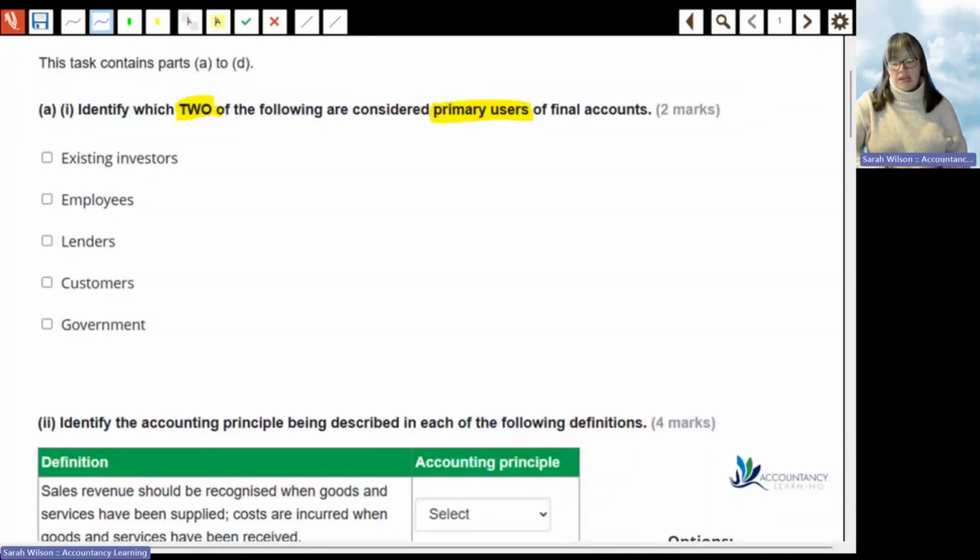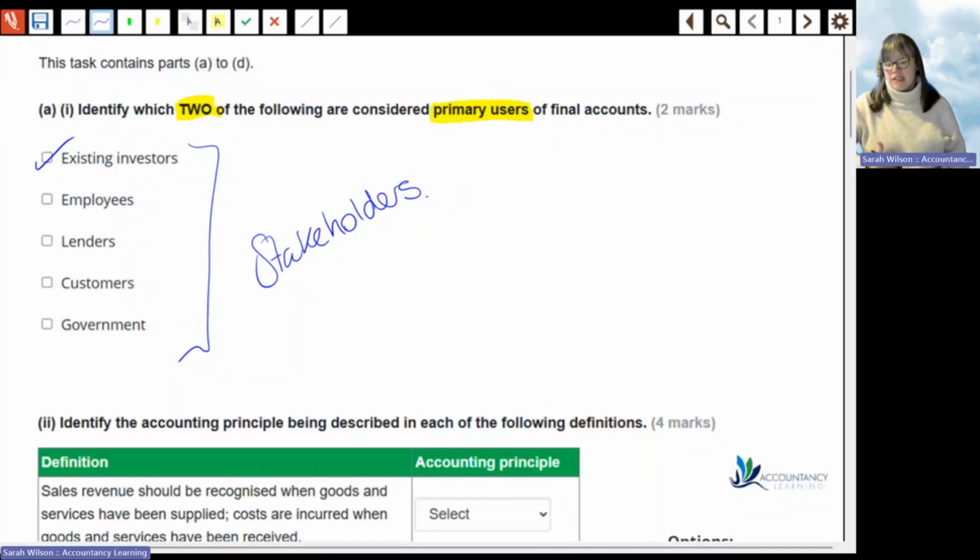Now, all of these people are stakeholders, but they're not all primary users. So we're looking for the ones that have a financial interest in the business. Existing investors have put money into the business, so they are going to want to know how the business is doing.